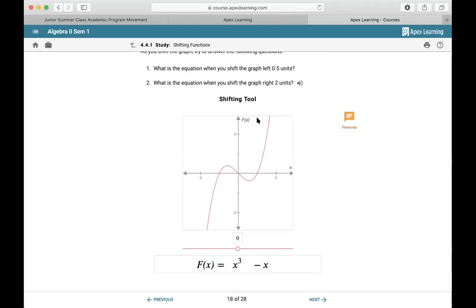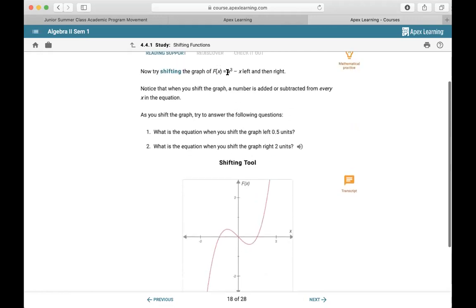So looking at this one here, this is a new equation. This is f of x is equal to x cubed minus x. And what I want to show you is that you do the exact same thing. Remember, we had x minus 1, we had to replace every value of x. So you're going to do the exact same thing here.